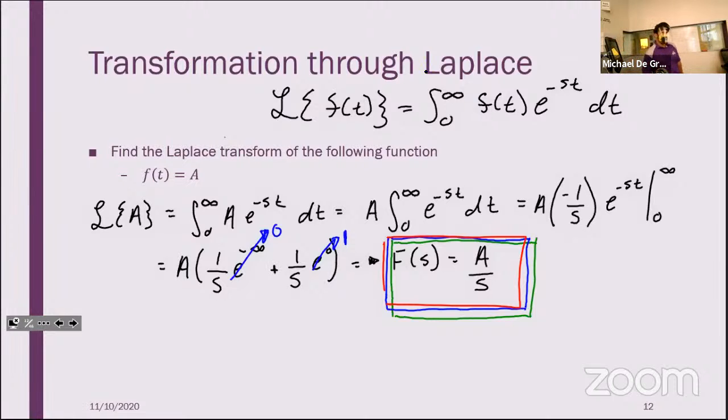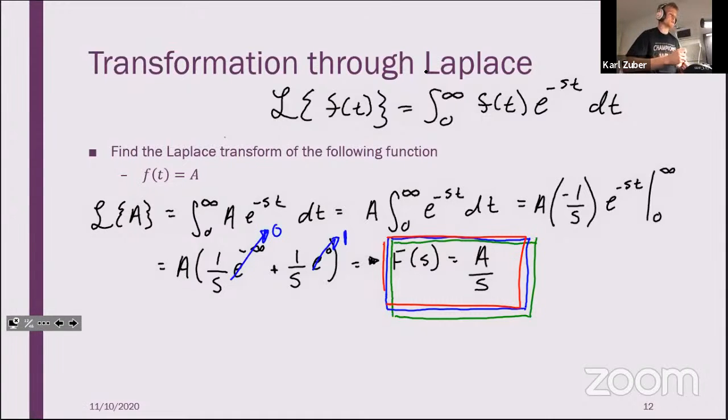Because it's minus a negative. Because we evaluate at infinity minus evaluate at zero, but we should be evaluating negative 1 over s. Yes. Okay. Sorry about that sign error. But then we're left with A over s. What is A over s? Why is this significant?